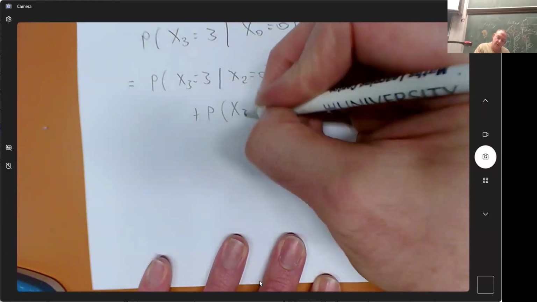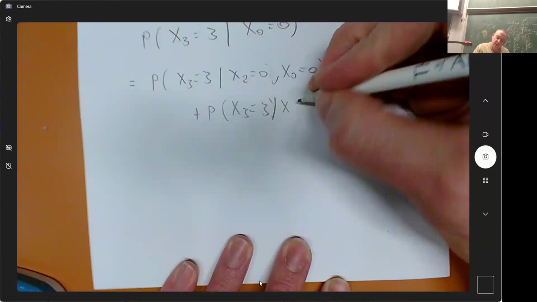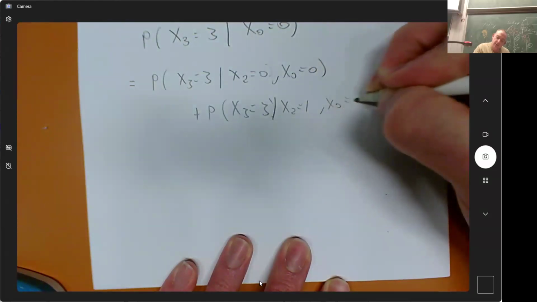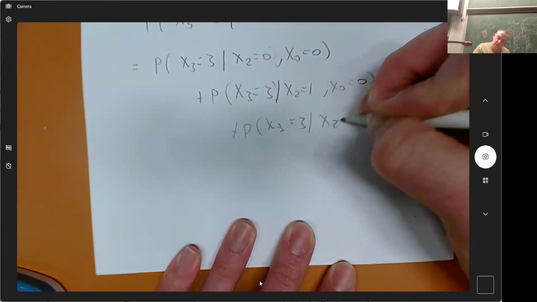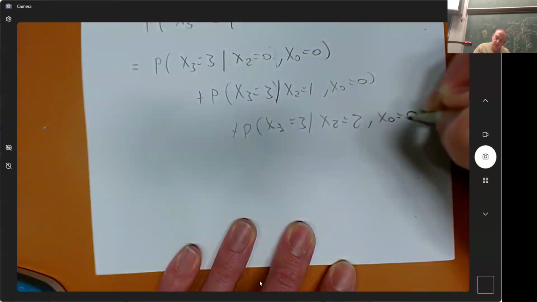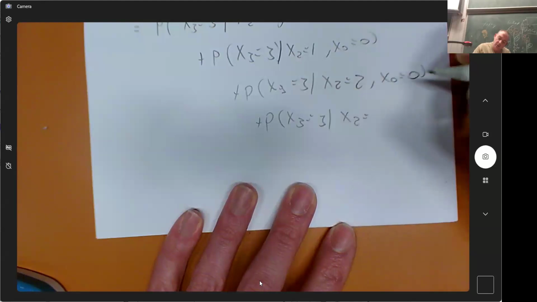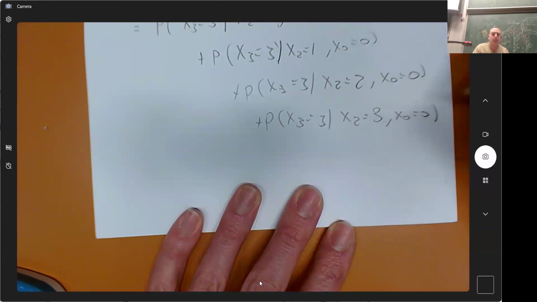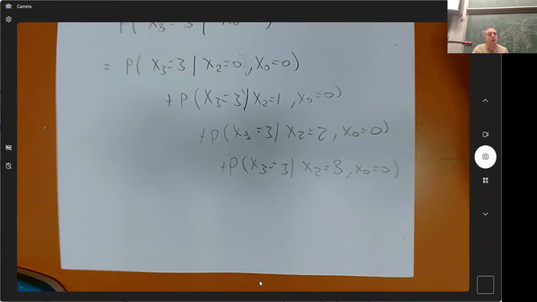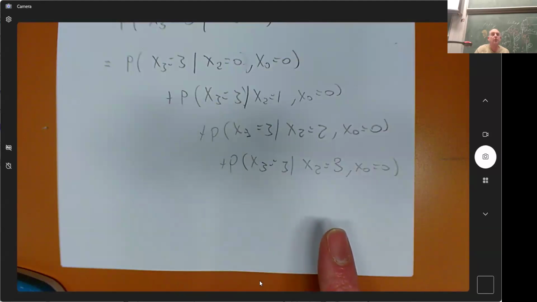Plus the probability that x3 equals 3, given that the previous one was 1, plus the probability that x3 is 3, given that the previous one was 2, plus the probability that x3 is 3, given that the previous one was 3. This is my thought about it. You have to imagine all of the places it could have come from, theoretically, and combine those.